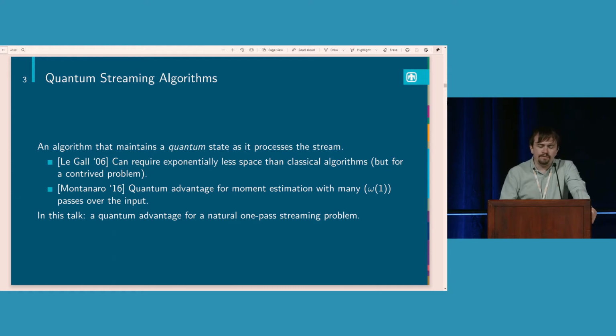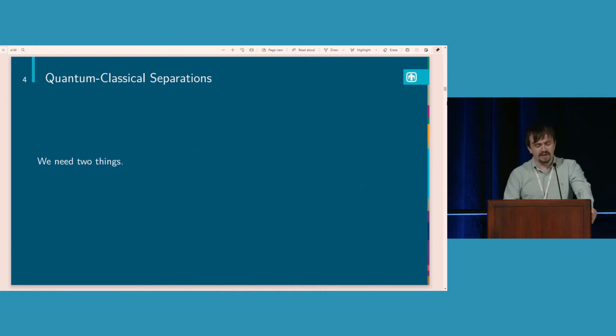And before I tell you what this problem is, I want to start by just thinking at an extremely high level, what is it that we're looking for here? Well, if you want to prove a quantum advantage for a streaming problem, you're going to need two things. First, you're going to need a problem that is hard classically.